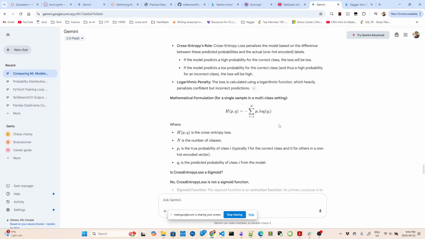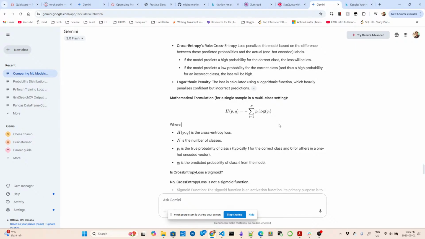If the prediction is wrong, like you wrote a 2 but the actual classification was let's say 7, then P7 का तो 0 हो जाएगा. P7 multiplied by so then the negative of that will be very high.